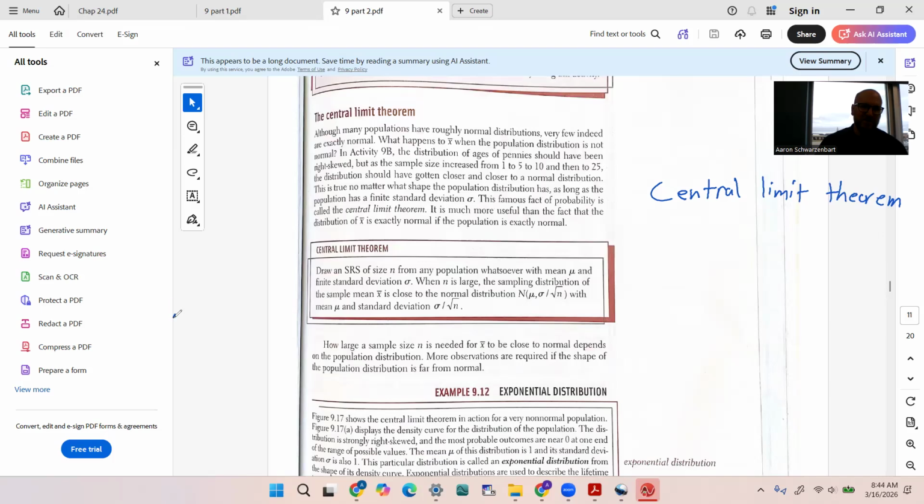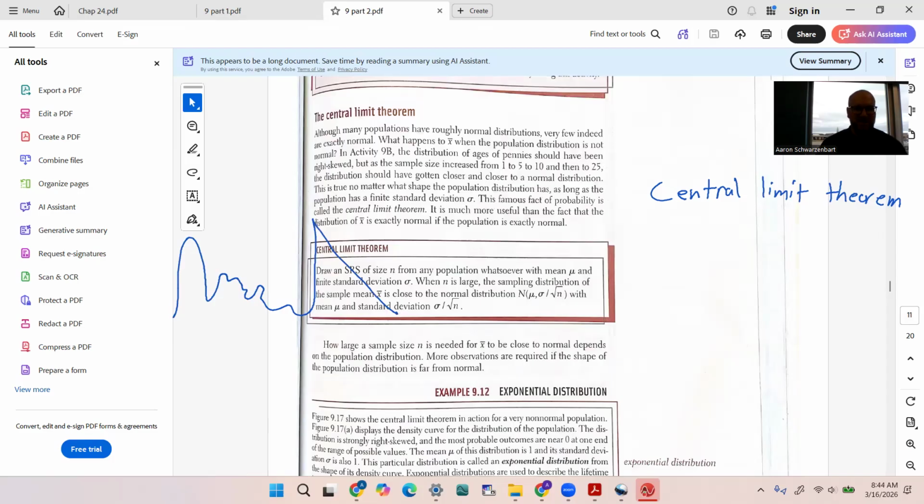So if my distribution looks like this, and I have a sample size that's sufficiently large, more than 40, maybe more than 50, my means will be distributed normally.